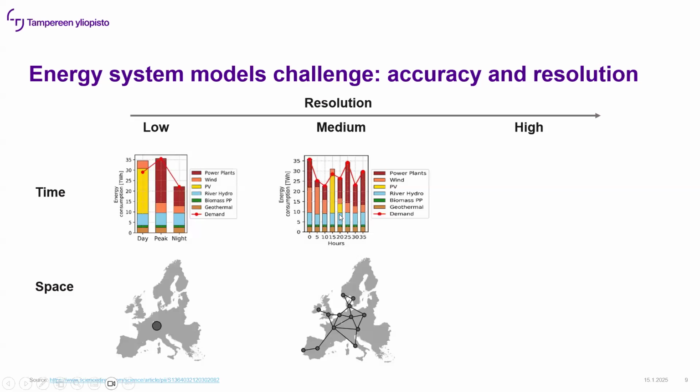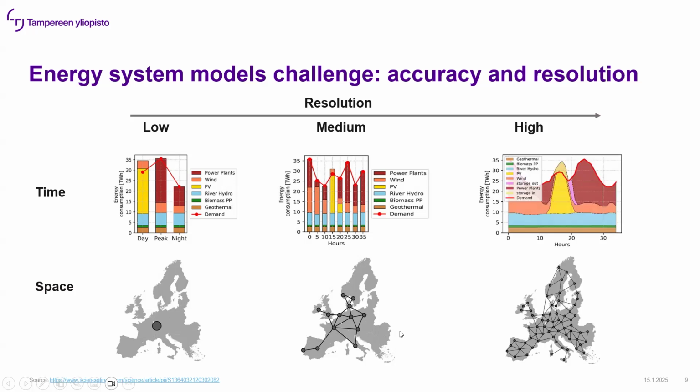And if you have a medium resolution, you can go into the hours, and then you have multiple countries in your network. When you're talking about a model grid the size of Europe, usually this is the kind of resolution that you would use.